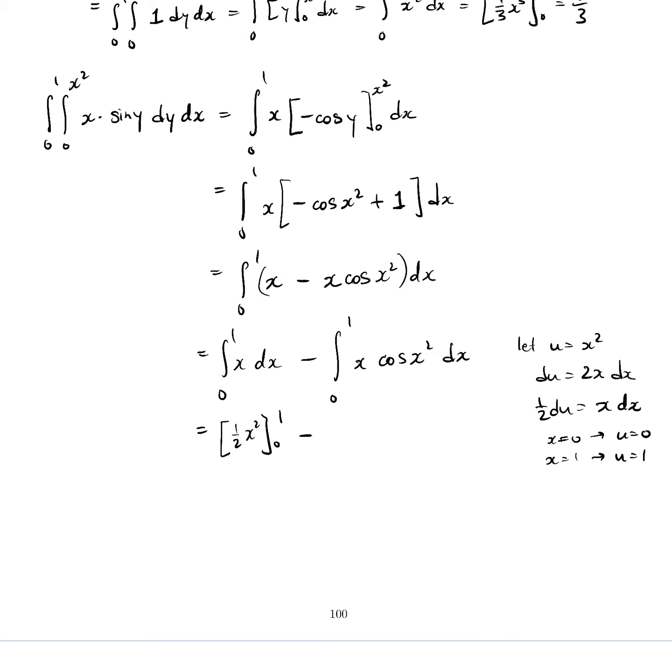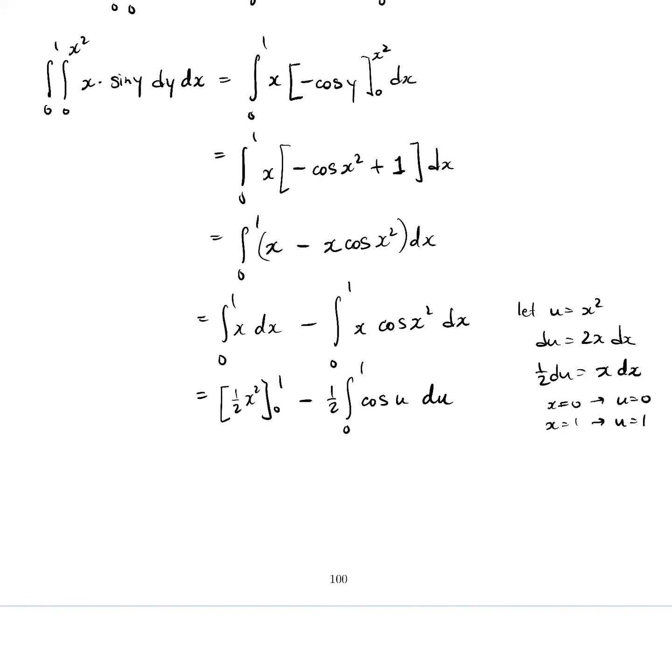So we're subtracting 1/2 the integral from 0 to 1 of the cosine of u du. Evaluating the first one, we get 1/2 times 1 minus 0, or just 1/2, minus 1/2. Now we need an antiderivative: the antiderivative of cos is sine of u from 0 to 1.